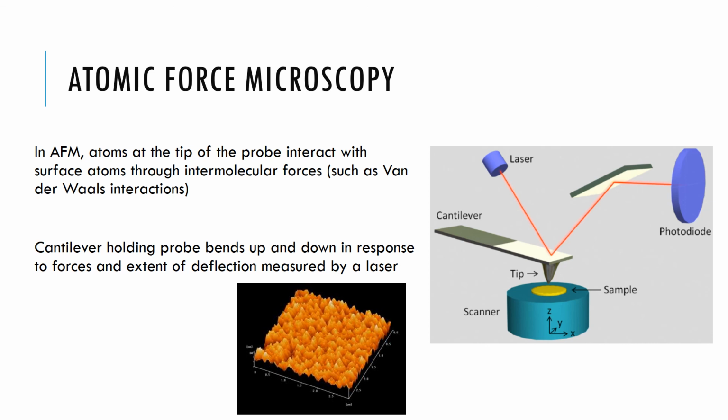And the tip is either deflected or attracted towards your sample based on those intermolecular forces. And you can bounce a laser off the surface of the tip and work out the structure of the surface. And you can see an image at the bottom there for an AFM experiment on an inorganic compound.